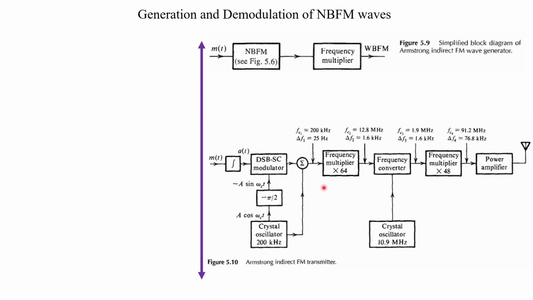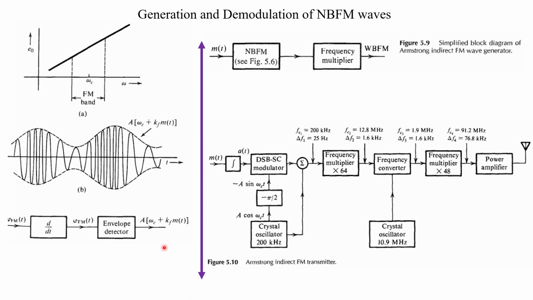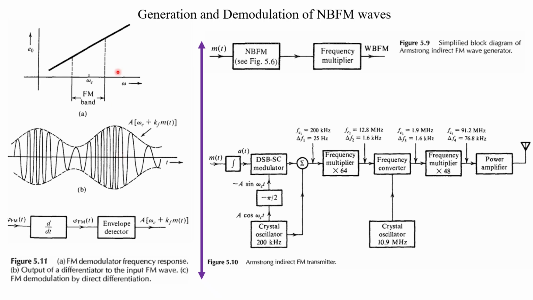Once we get the frequency modulation, then you can use the frequency multiplier as per your requirements, and then you can convert your modulated wave using this frequency converter, and finally after amplification you can transmit your signal, right? Now on the detector side, how will you detect? Suppose this is your FM band, and suppose this is the envelope; using the envelope detector you can detect your message information.